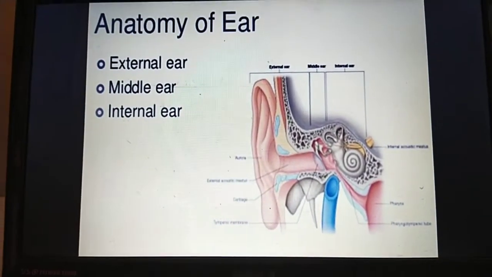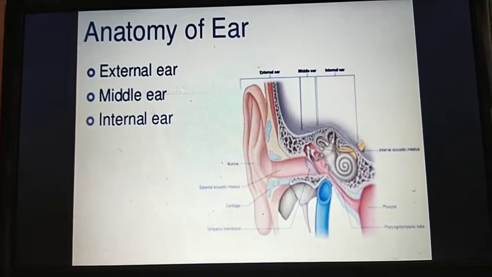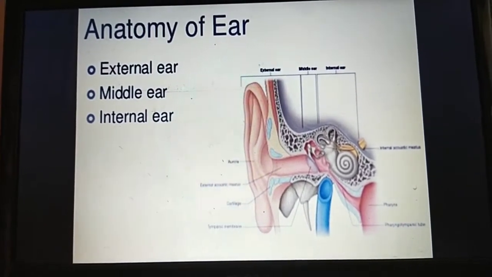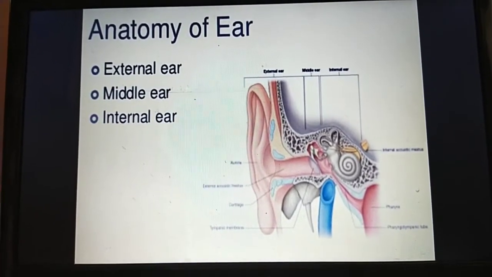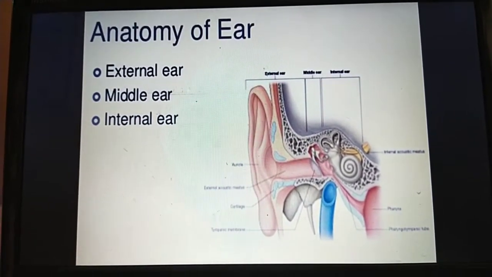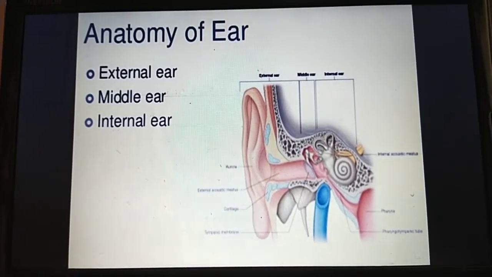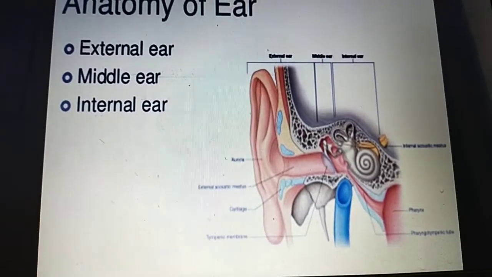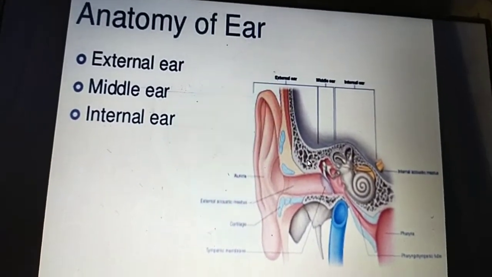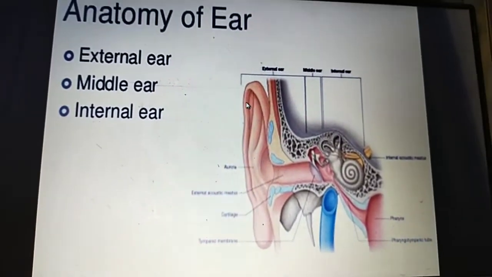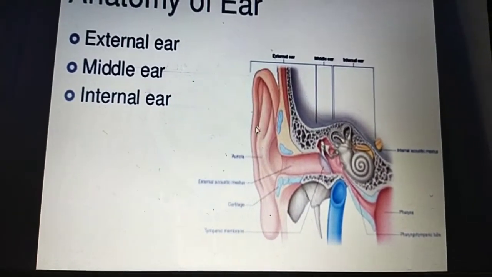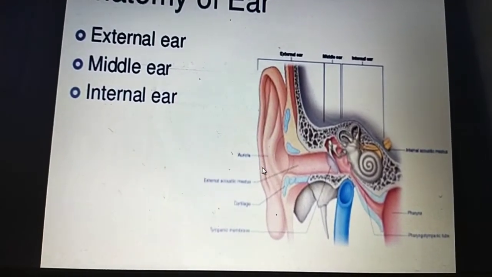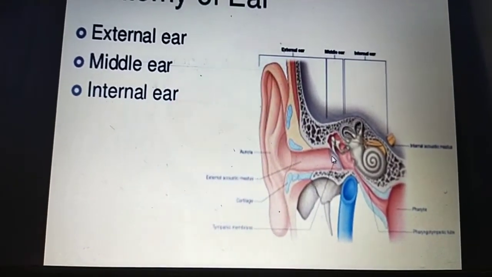The eardrum is also known as the tympanic membrane. Another name for the external ear is auricle. The visible part of the auricle is also known as the pinna. The external ear extends from the outer pinna, or outer part of the ear, to the tympanic membrane.